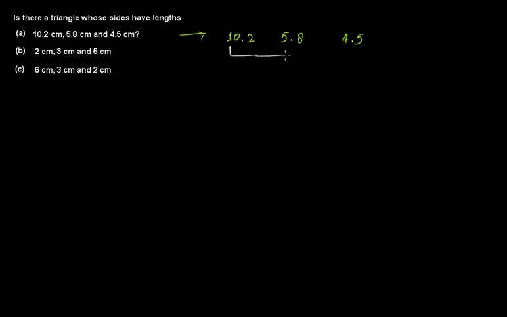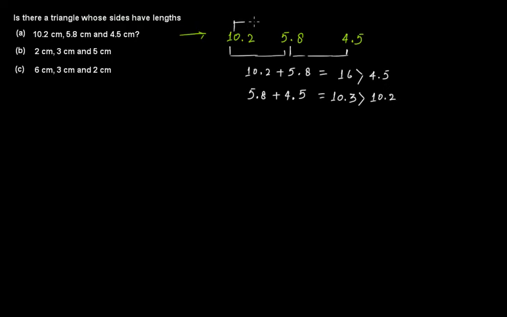First add these two. 10.2 plus 5.8 is equal to 16, and 16 is greater than 4.5. Now take 5.8 and 4.5. If you add 5.8 and 4.5, this will be 10.3, and yes, it is greater than 10.2.